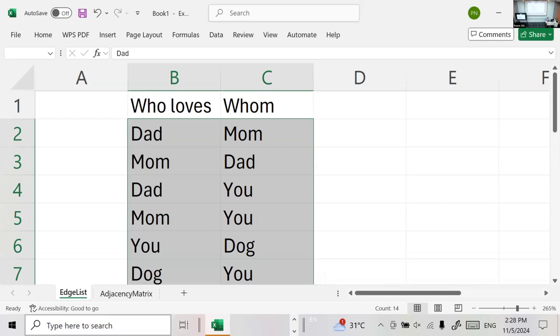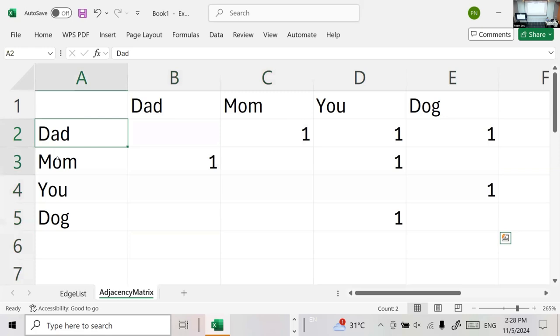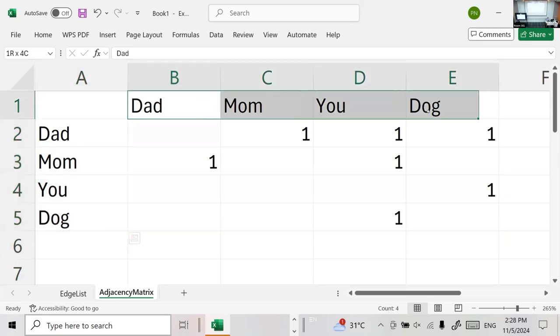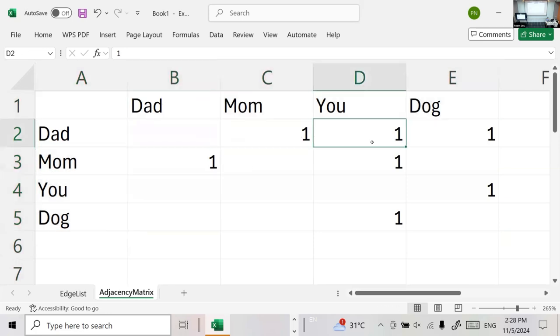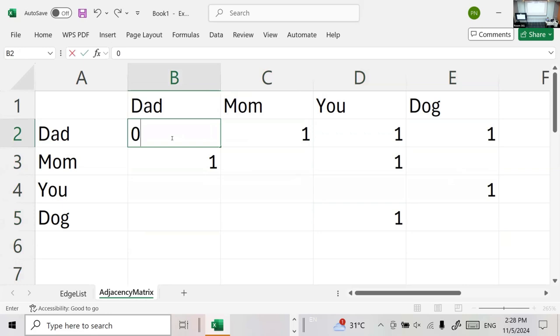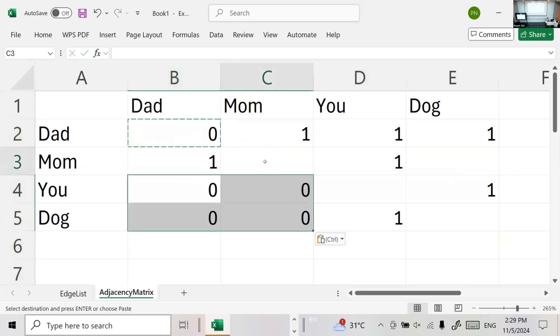Now watch this. Here, I list dad, mom, you, and dog. So this is all the vertices, and then I put 1 for each love. What this means is that I also put 0 here, implicitly.